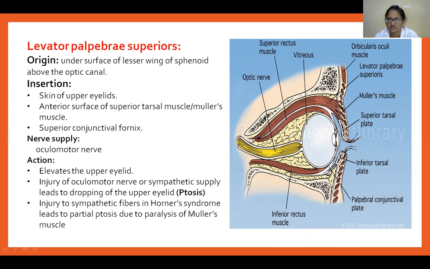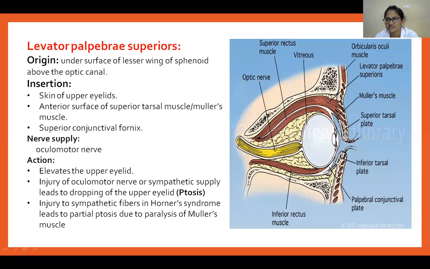Next, it gets inserted into the skin of the upper eyelid, along with the anterior surface of the superior tarsal muscle, also called Muller's muscle. See, this is the superior tarsal muscle.